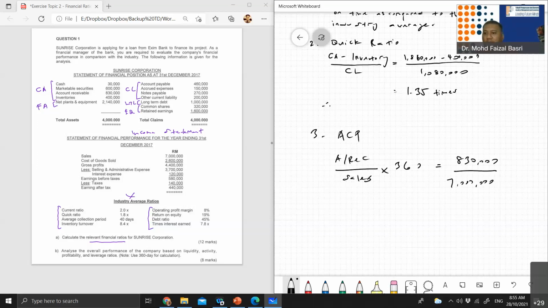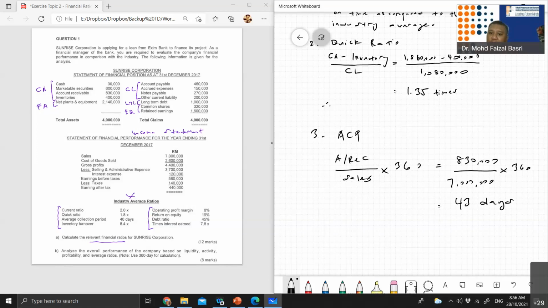You multiply with 360. So here you have 42.7, about 43 days. It is in days, so I just round up 42.7 into 43 days.